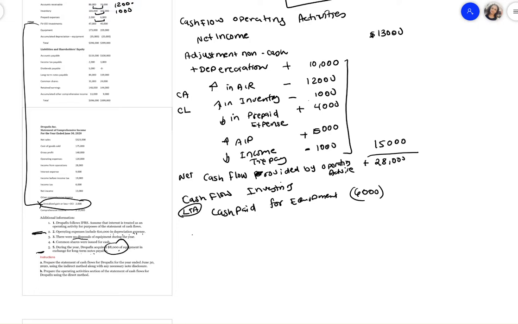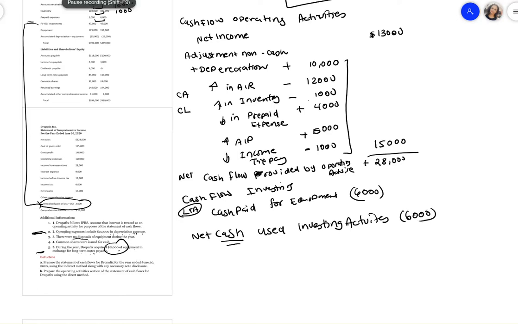So the next one is you have a net. In this case, we have a negative number. If you have a negative number, it's a net cash used. And what is used by investing activities? Net cash used by investing activities. And how much is that? It is 6,000, and that is a minus.